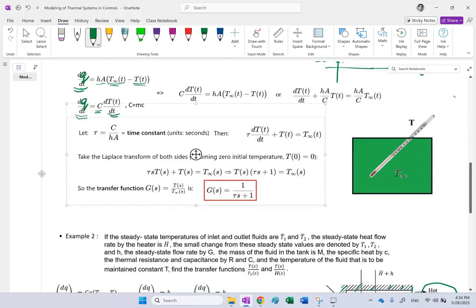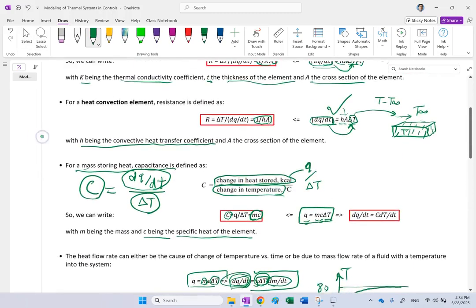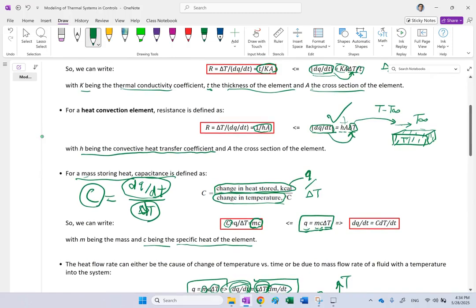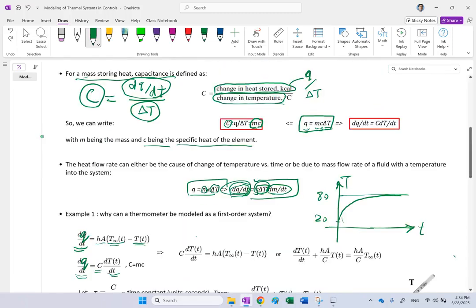So that is this formula here. But instead of delta T, of course, it's going to be dT over dt, right? Because if you want to write the equation in differential form, that cannot be delta T, that has to be dT over dt.